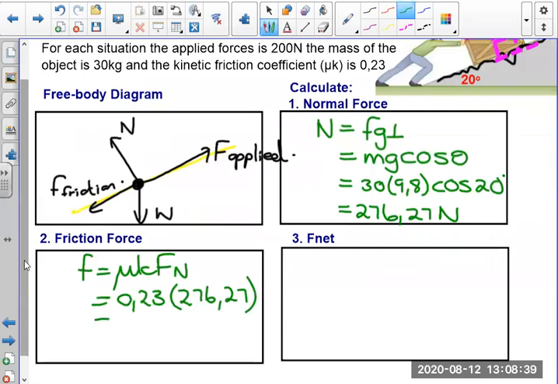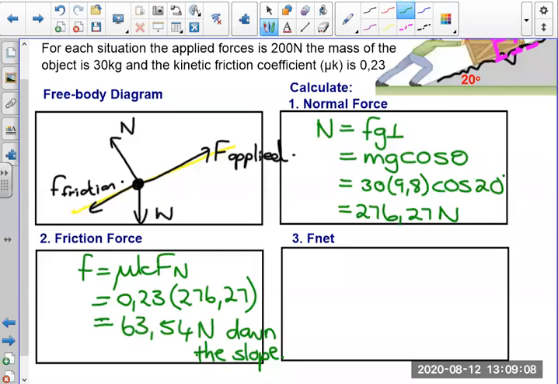So when I times this, I'm going to get an answer of 63,54 newtons. That's the friction force. And then if I give the direction, I would say down the slope. Down the slope. Okay, that is the direction of the friction force.